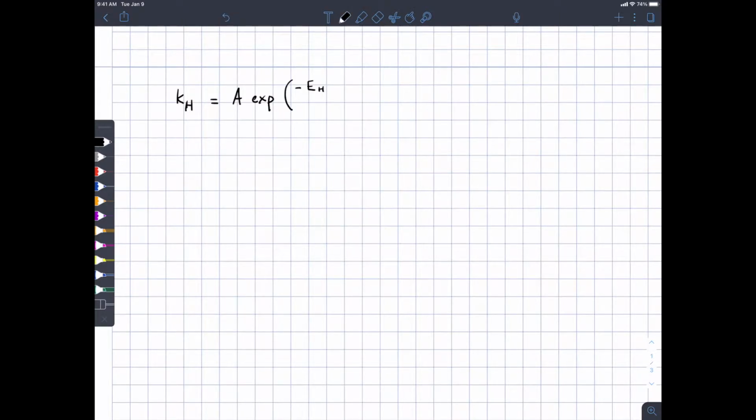And this will be divided by, and for our purposes today we're talking about individual molecules, so we'll use Boltzmann's constant instead of the gas constant, and then temperature. Similarly, we could write the same equation for the rate constant for deuterium, some pre-exponential factor times the number e raised to the minus activation energy for deuterium over k_B times T.